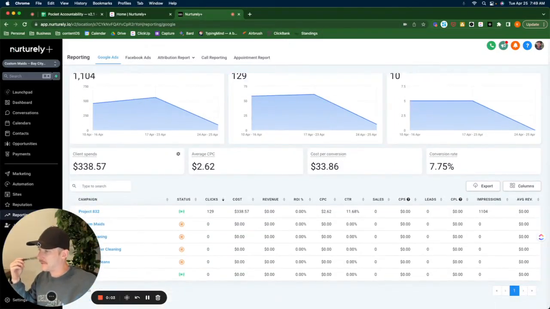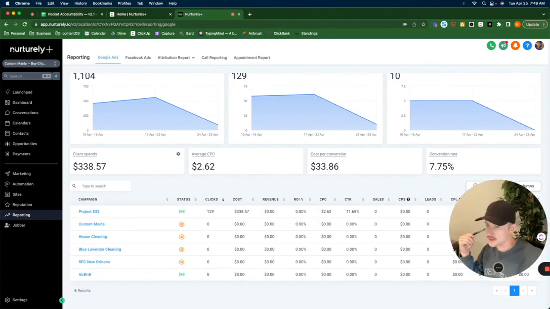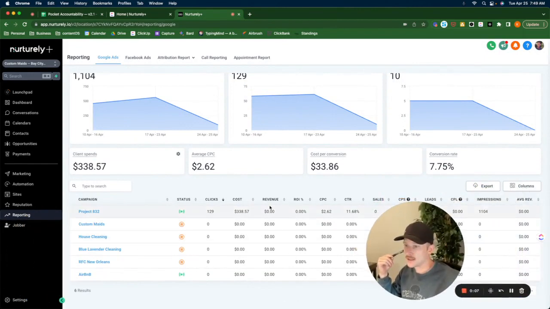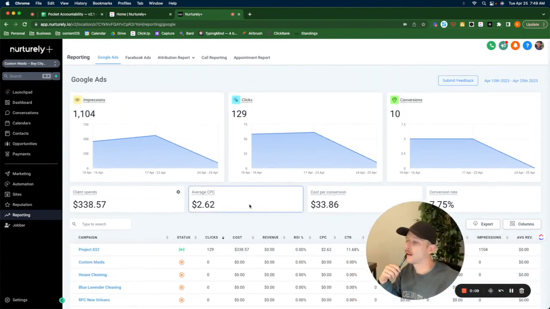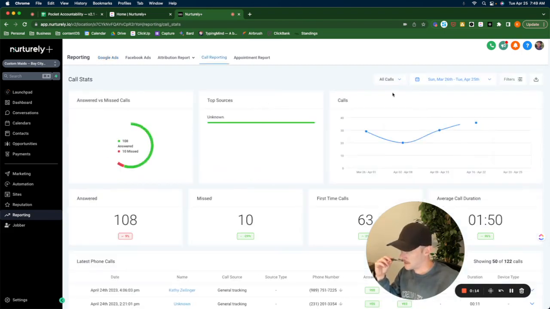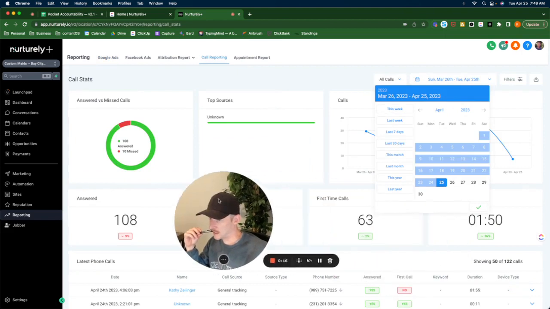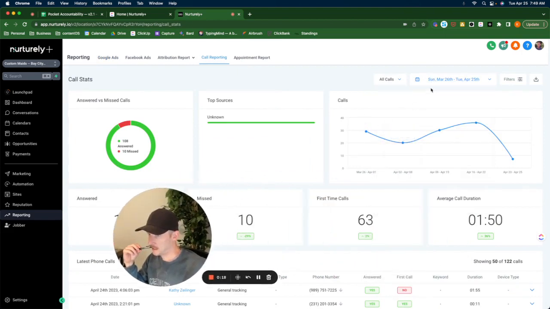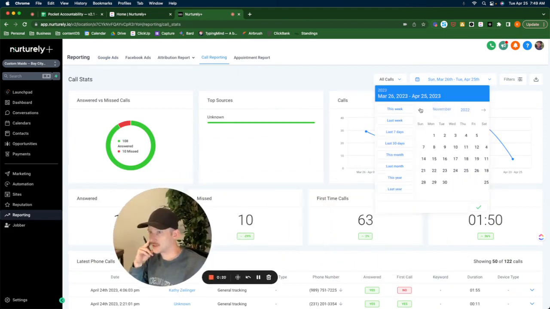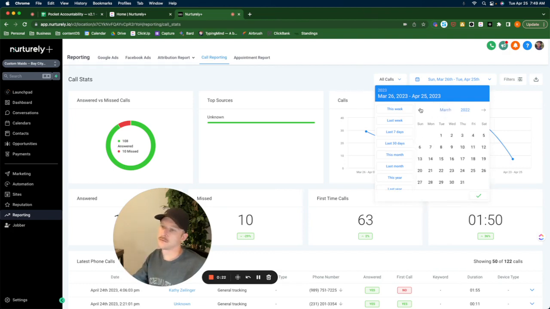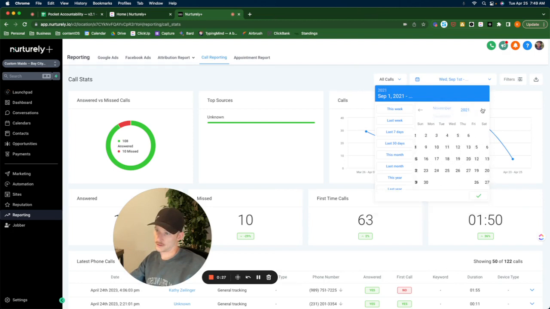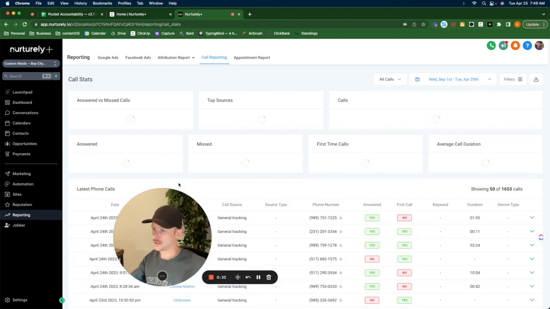One of my favorite things about Nurturely Plus and Go High Level is the ease of tracking numbers. I only have two, but all the way back and just see.